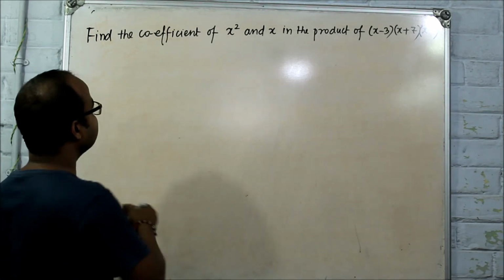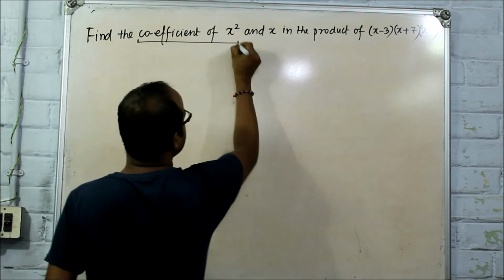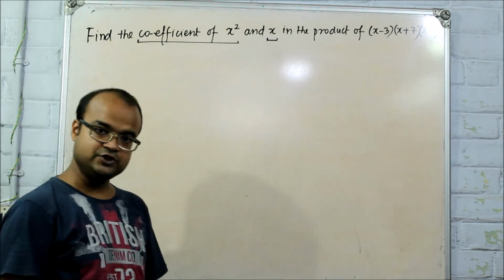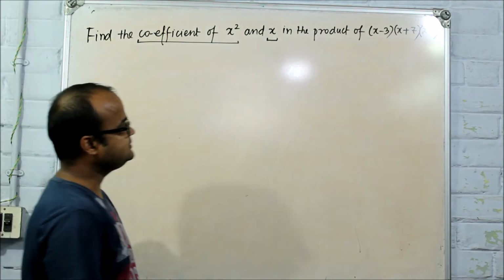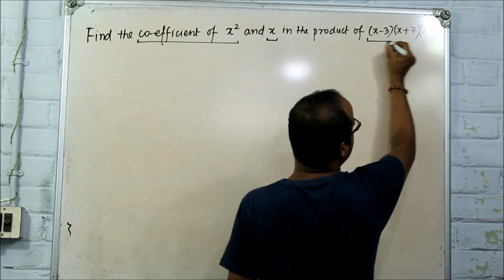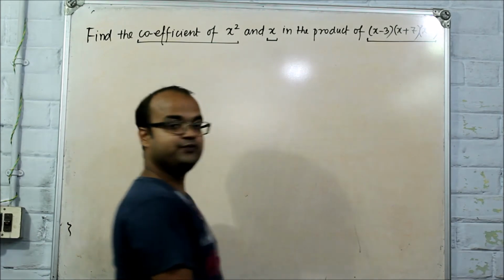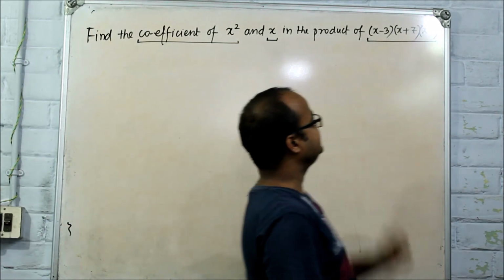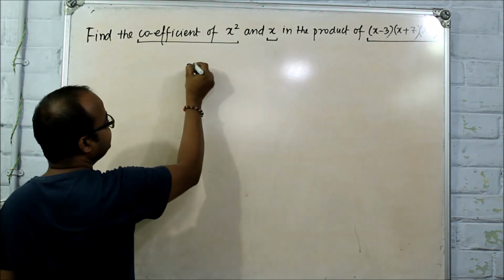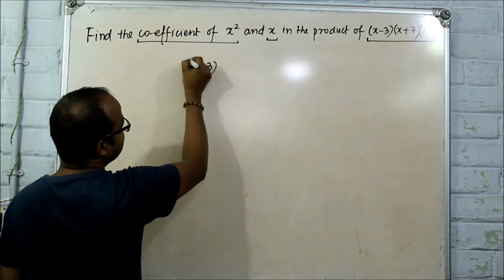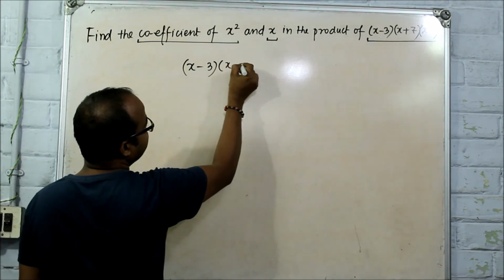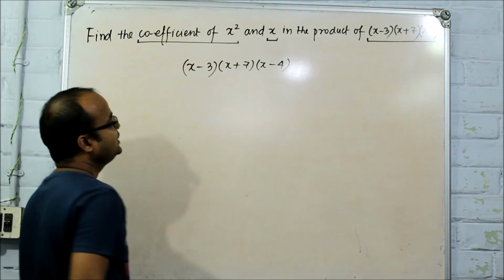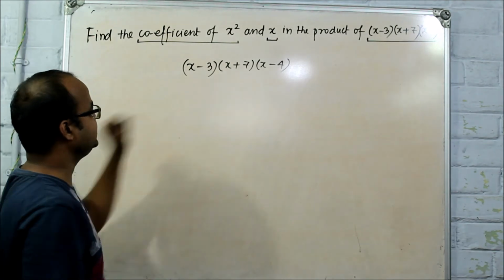Find the coefficient of x² and x. That means we need to find out the coefficient of x² and x in the product of these three. So first we are going to multiply these three terms: (x − 3)(x + 7)(x − 4). First let us multiply these two terms.